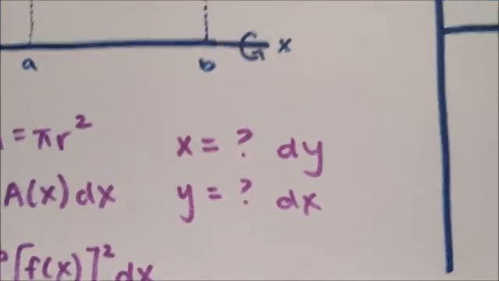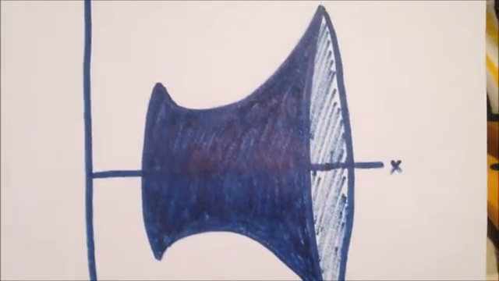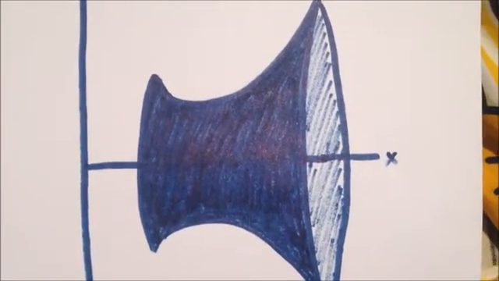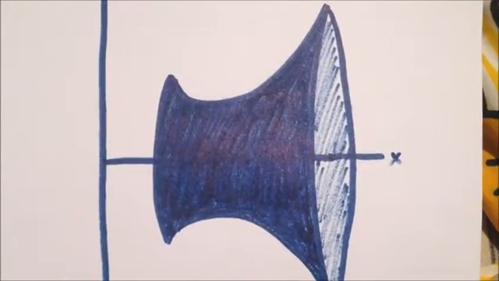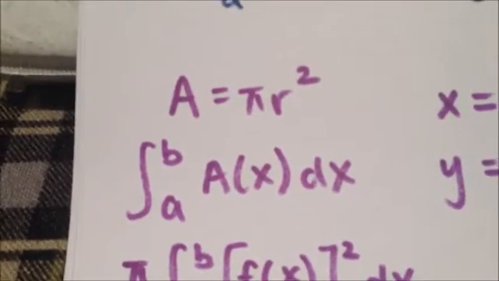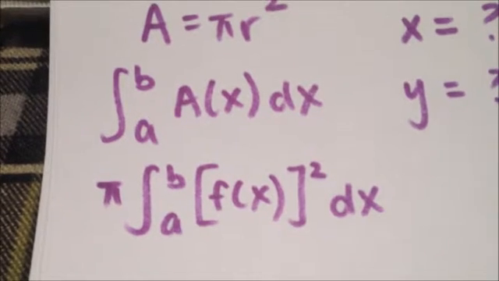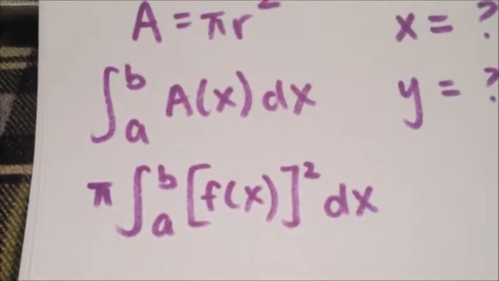This is because if you look back at this graph, you can see that the radius of the circle is f of x. And because this is in terms of x, we are integrating in terms of x. So going back to this expression, we can simplify this further to pi times the integral from a to b of f of x squared dx.